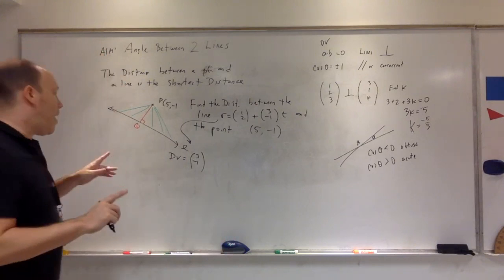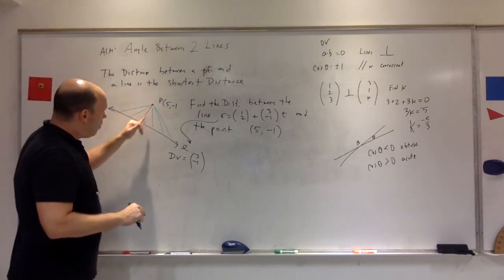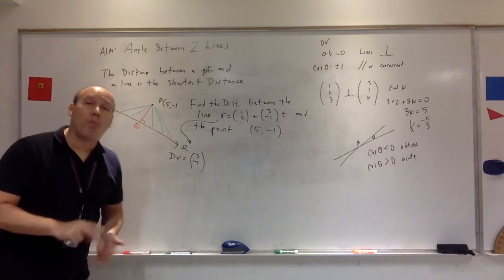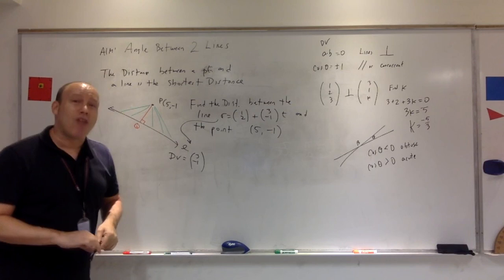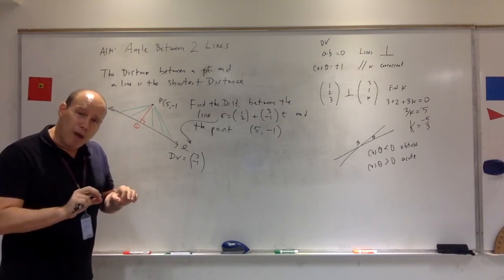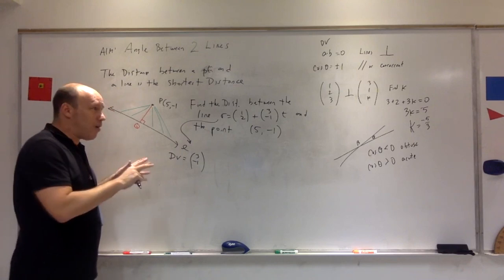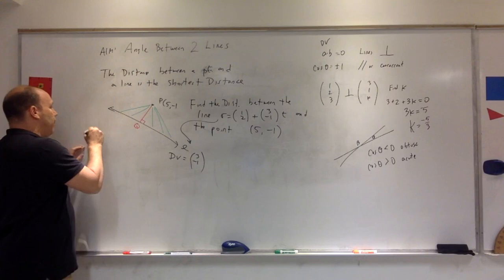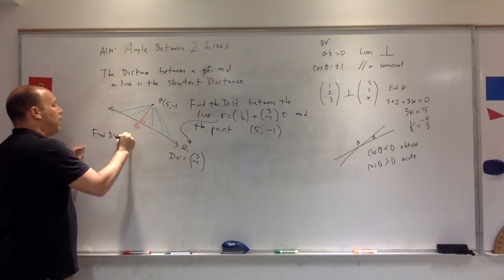Well, once again, we know that PQ, which is the shortest distance, and line L are perpendicular, which means the dot product of their direction vectors equals 0. So first, find the direction vector of PQ.